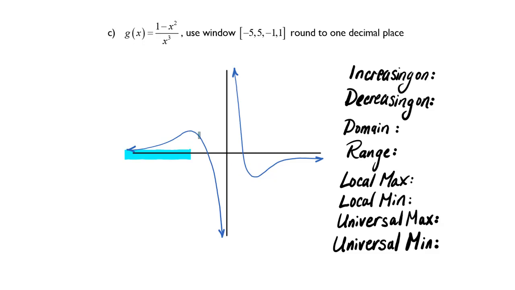Then its shape turns downward and it starts to decrease. Similarly, we continue looking at this and it keeps approaching this vertical asymptote at 0. Now remember, there is a vertical asymptote at 0 because x cubed cannot equal 0. So there is a vertical asymptote at 0.